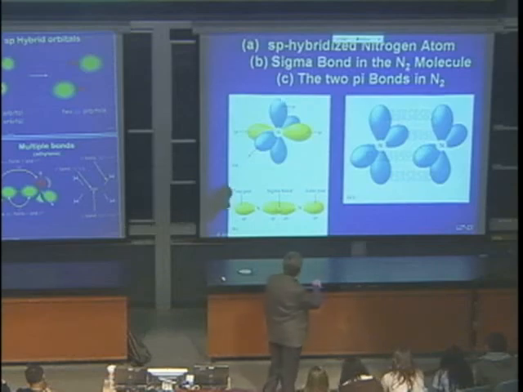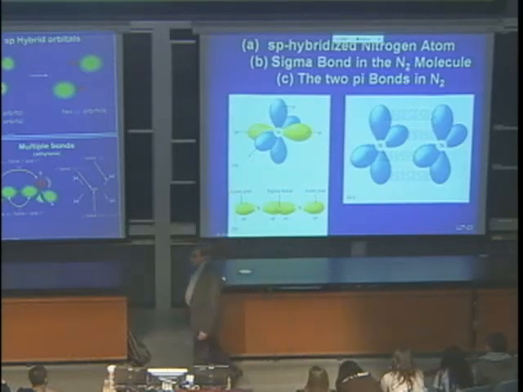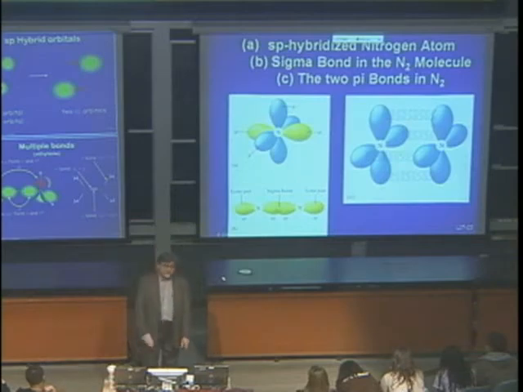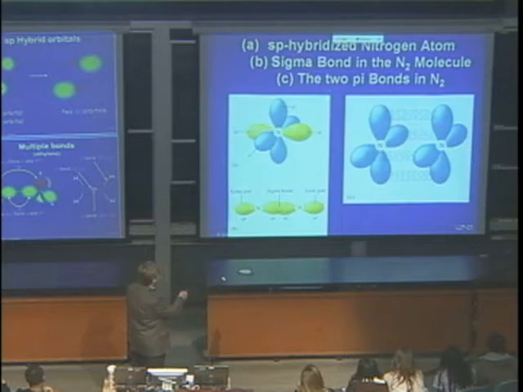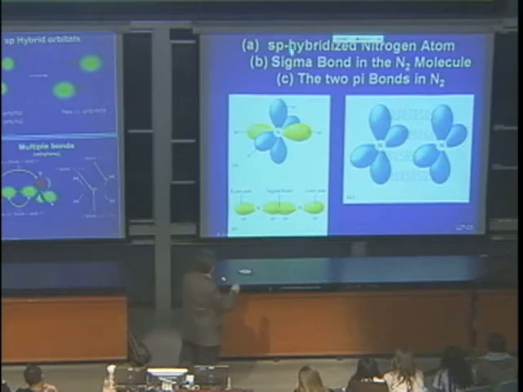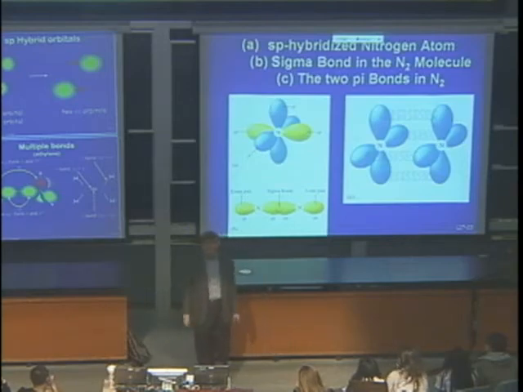Now we need to talk about these other p's that are not hybridized. So this is the py, and this is the px, exactly. So they overlap, each of them overlapping with the appropriate other one.